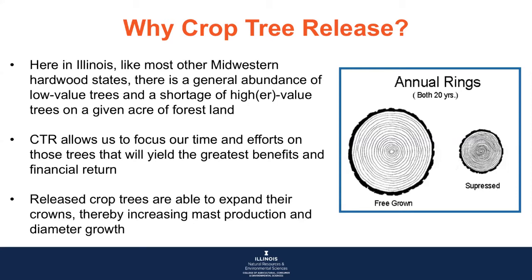This might be a tree that has plenty of crown room to grow, whereas the suppressed increment on the image on the right is basically an understory tree. It's not getting adequate sunlight. It's having to overcompete for nutrients and water, and so on and so forth. The free grown tree is a tree that has achieved co-dominant or dominant status up in the canopy.